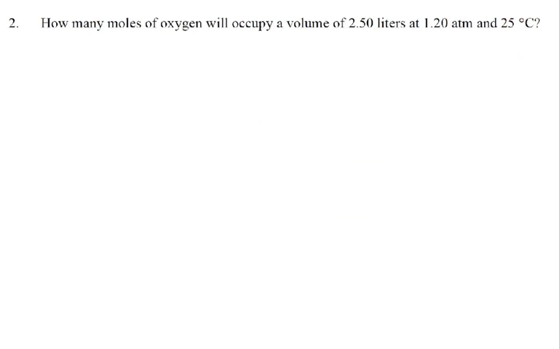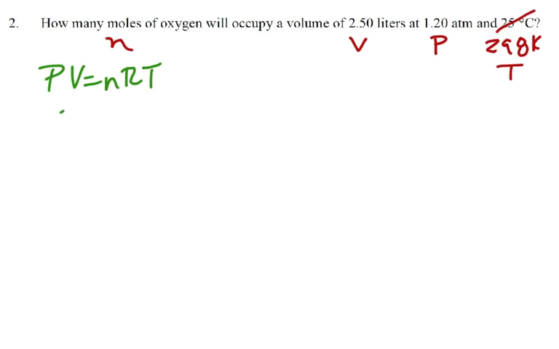Problem 1. How many moles, that's n, will occupy a volume of 2.5 liters at 1.2 atmospheres and 298 Kelvin, which is our temperature. So we're looking for moles, so we're going to say that PV equals nRT, and n is equal to PV over RT. Pressure is 1.2 atmospheres.